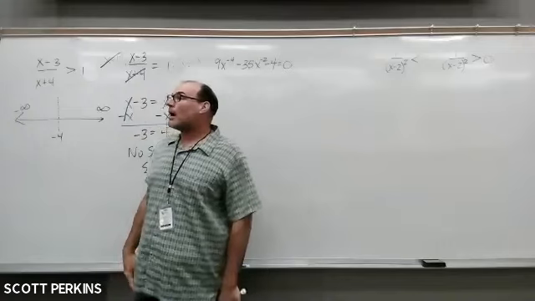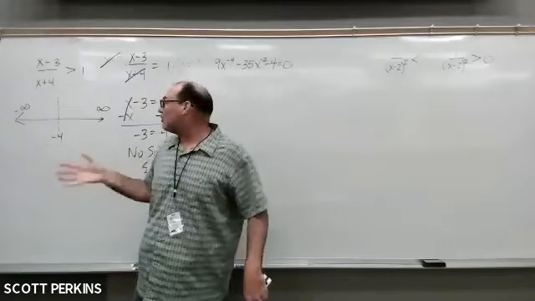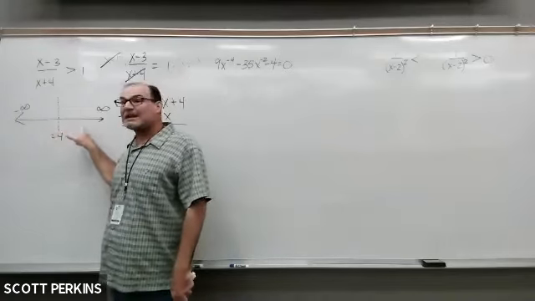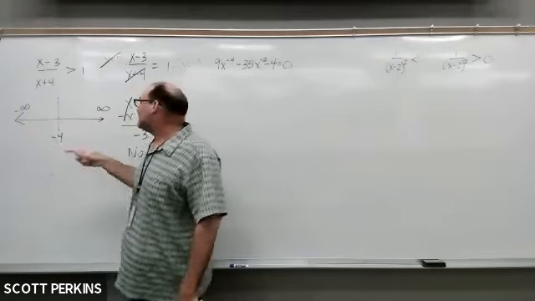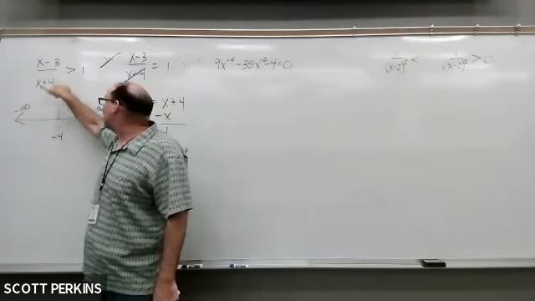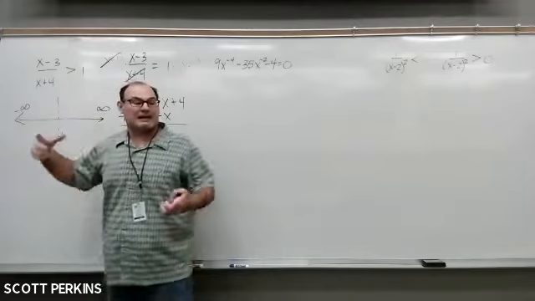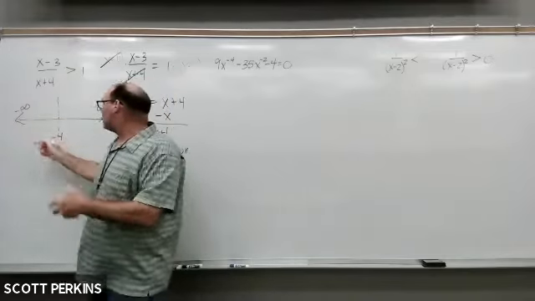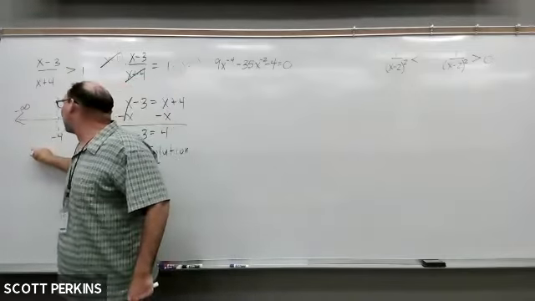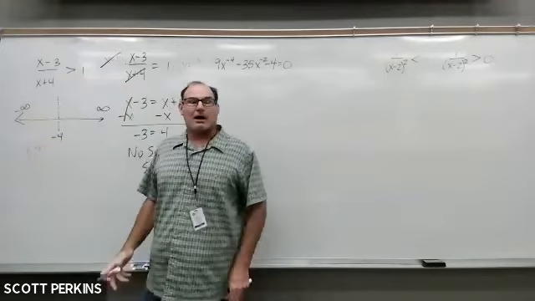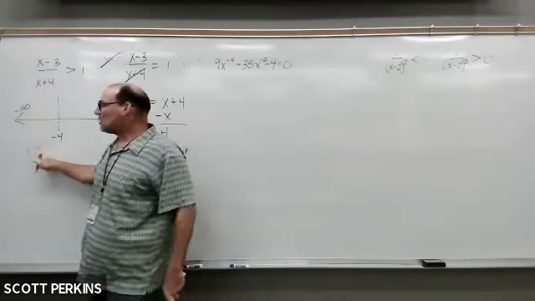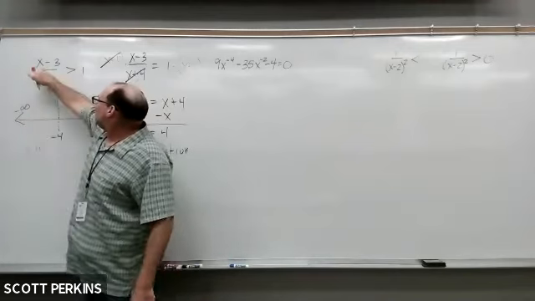And now I'm going to do what I've done with the other problems. I'm going to put in an x value on each side, and see, is the y value bigger than 1 or is it less than 1 on each side? So over here, for negative 4, I'm going to put in negative 5 just because it seems like a reasonable value. So when I put negative 5 in, negative 5 minus 3.